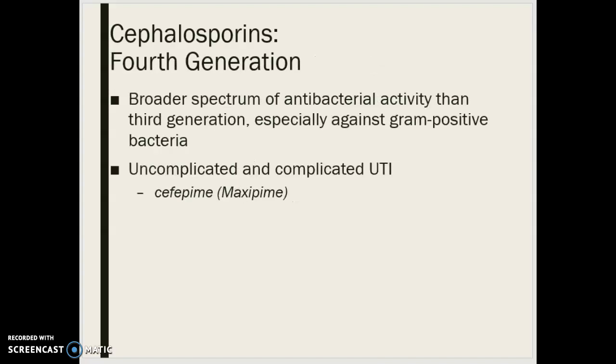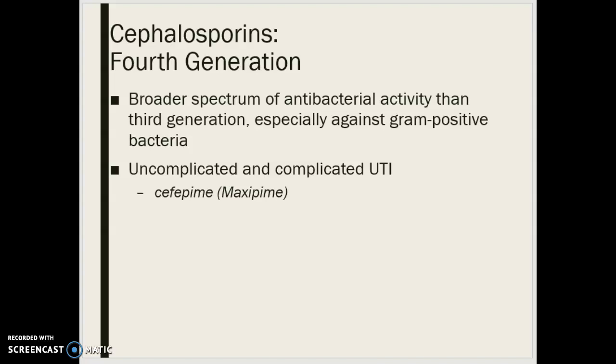Our fourth generation cephalosporins have a broader spectrum of antibacterial activity than the third generation. So if we were giving out pluses and minuses, the fourth generation is actually kind of equal. It's 3 plus and 3 minus. So it's positive and minus in terms of gram-positive bacteria and gram-negative bacteria.